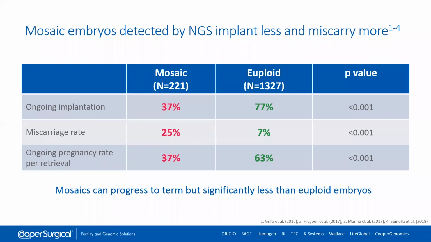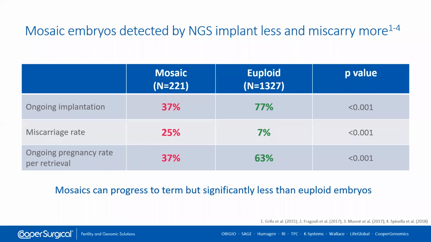So a really reduced ongoing pregnancy rate per retrieval. One thing that is clear from this data is mosaic seemed to have a lower potential, but again, it was not zero. But there was insufficient data here to start to separate out level of mosaicism to outcome for each individual type of mosaicism.